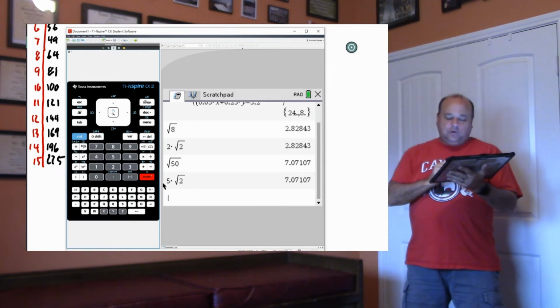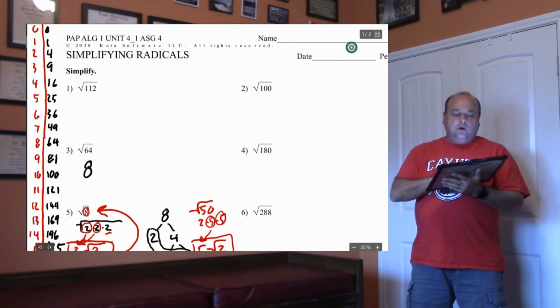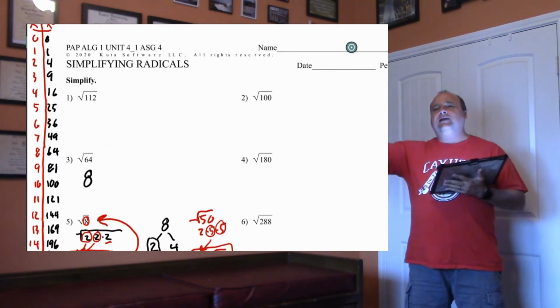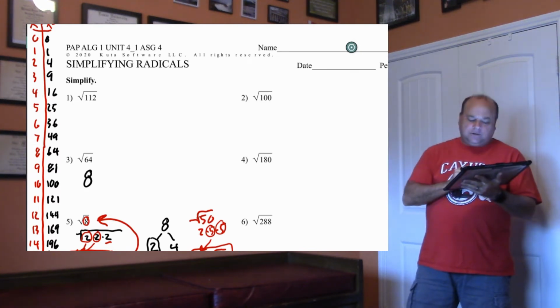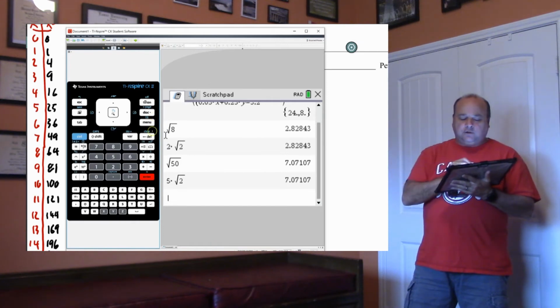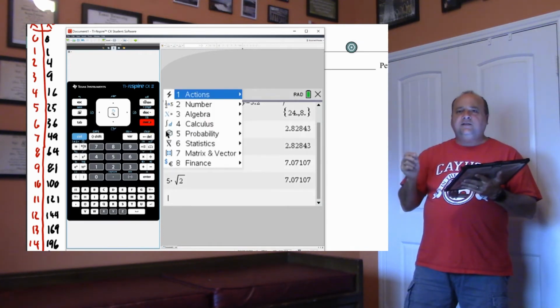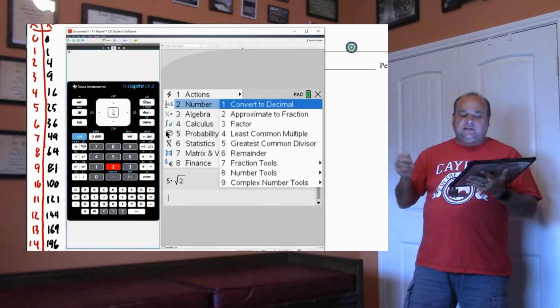Now then, let's go to number 1. We got 112. That would take a long time to prime factor, so let's see how the calculator could do this. Go to your calculator, make sure you're in the calculator screen, hit menu, and where does it say number? It says 2 as number, right? And then does it say factor?